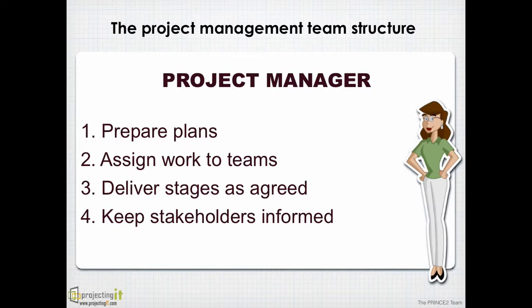For example, if a stage is expected to take 10 weeks, the project manager is provided with a tolerance on time, like plus minus 1 week. So as long as the stage remains within that plus minus 1 week range, the project manager can take up those decisions to solve problems of the team. However, if the tolerance is forecast to exceed, the project manager should immediately alert the project board using an exception report.